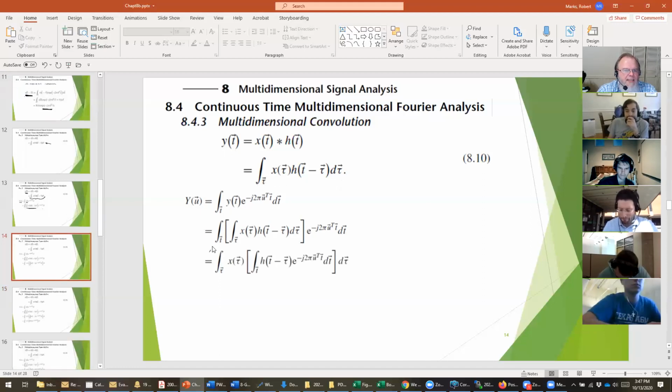We bring the t integral inside, and we bring the tau integral outside. And then in the nested integral in here, we put everything that is a function of t. And then everything that's not a function of t, we put outside the square brackets, and that's the function of tau on the integration.